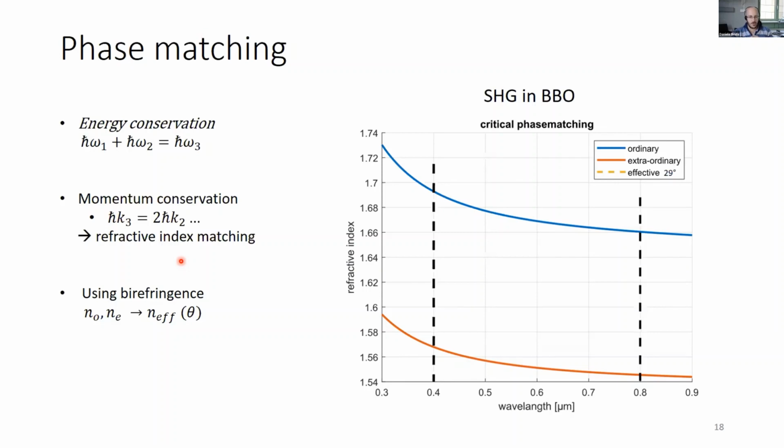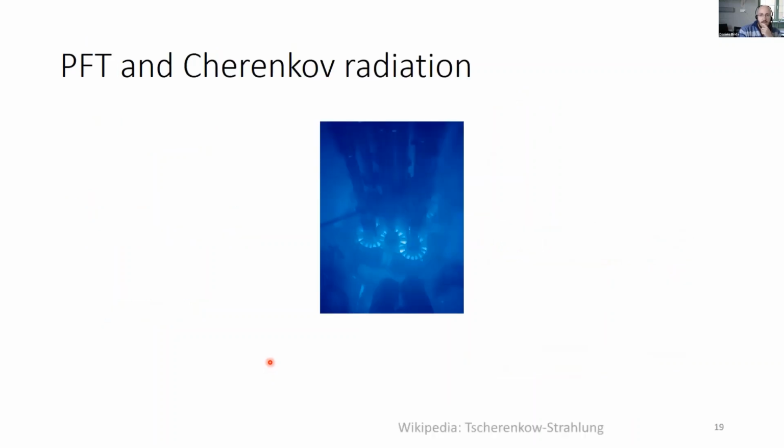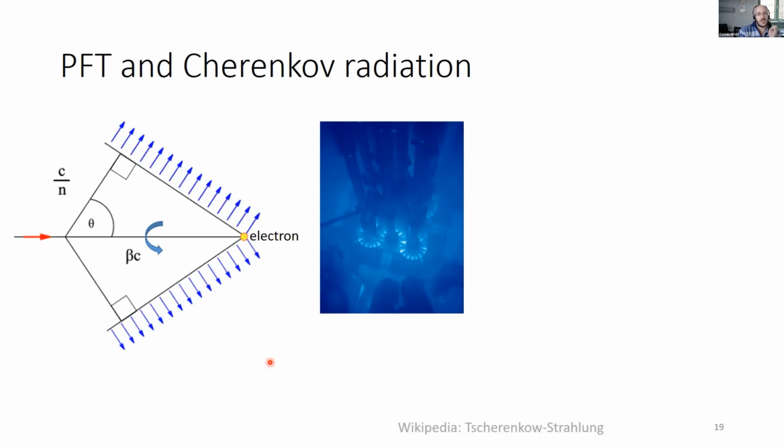And the reason is that there is no material that allows good phase matching while preserving a very good nonlinear coefficient. So nowadays, the most intense terahertz pulses, let's say between 50 to 200 microns, are generated in a completely different way. Are generated in a way that is more akin to the Cherenkov radiation.